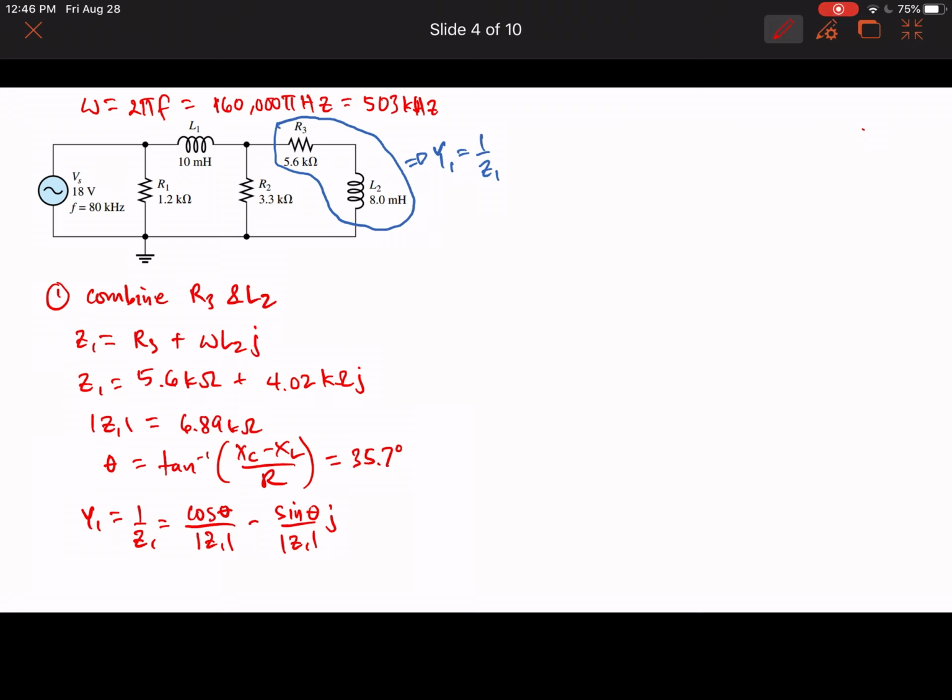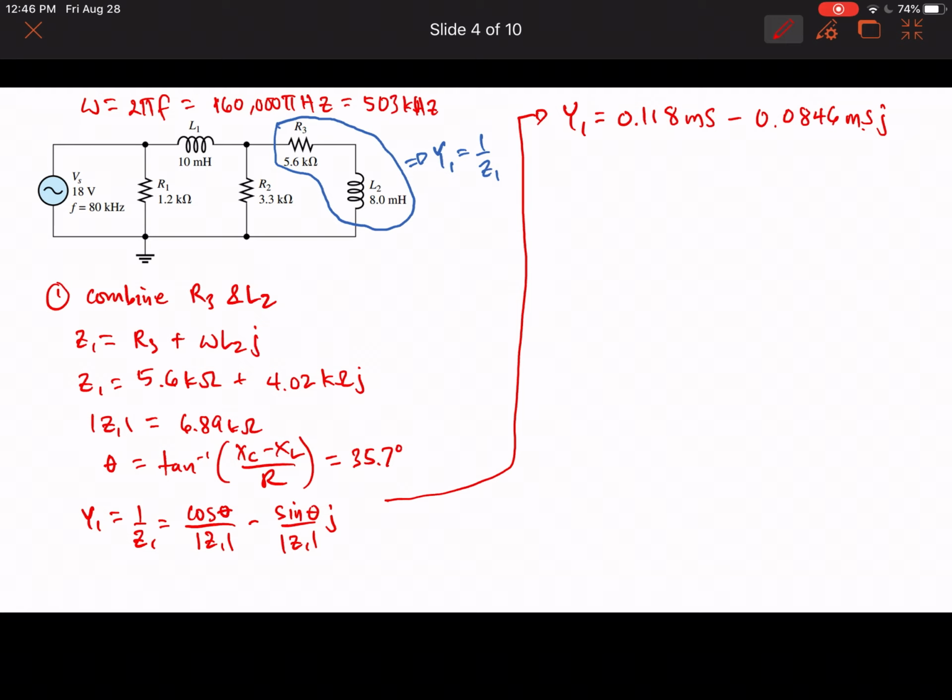So from there we can get Y1 to have real and imaginary components of 0.118 millisiemens minus 0.0846 millisiemens j hat.